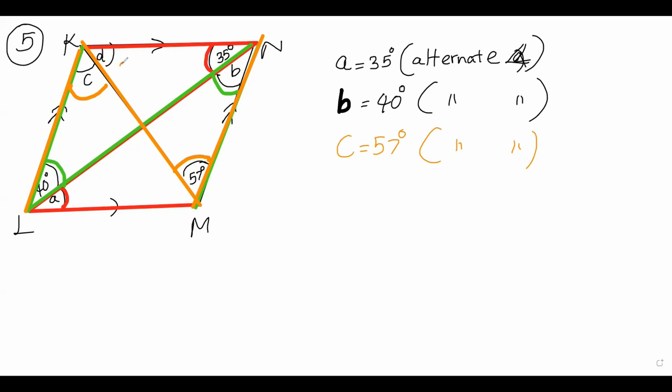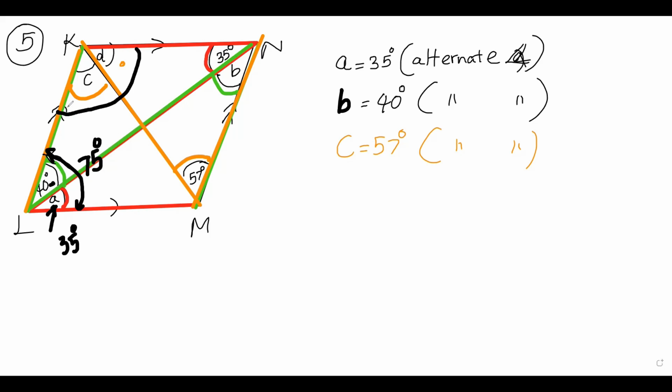Now finally, you have to find this D. So add the sum of these two angles. What is the sum? You know this one is 40, and this one is 35. Altogether 40 plus 35 is 75.